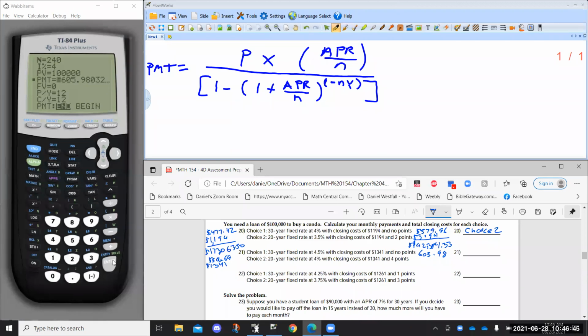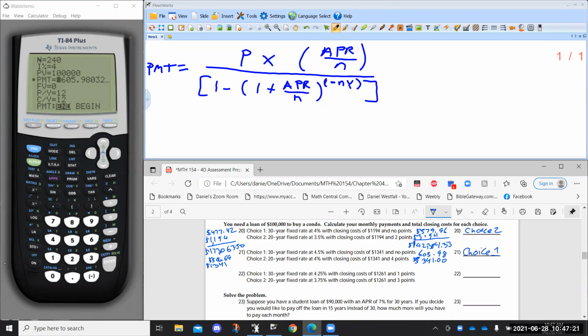My closing costs here, the 4 points here, are going to be $4,000. So I'm going to have to pay $5,341 in closing costs here. So if I compare those two options on which I paid more for, with my monthly payment for 30 years or my monthly payment for 20 years plus my closing costs, choice 1 is the better choice.